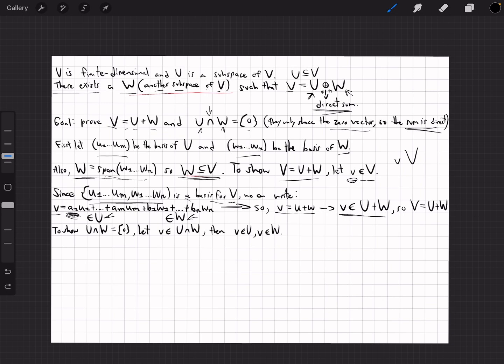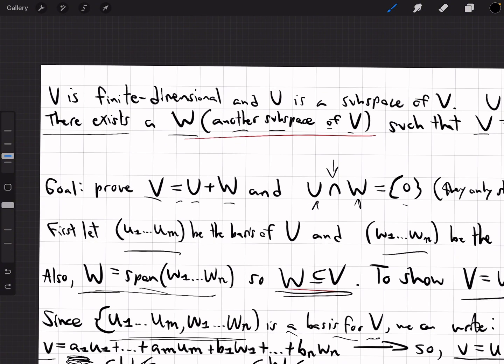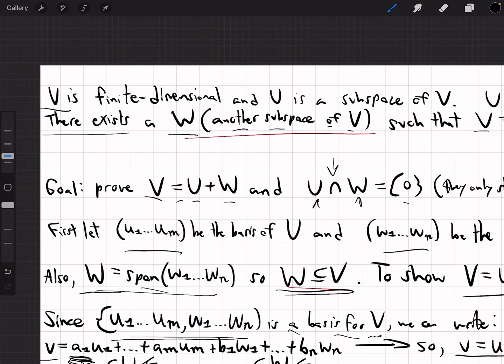So, okay. We're trying to prove that every subspace of V is part of a direct sum equal to V. What does that even mean, guys? Well, let's define everything. V is a finite dimensional space, okay?